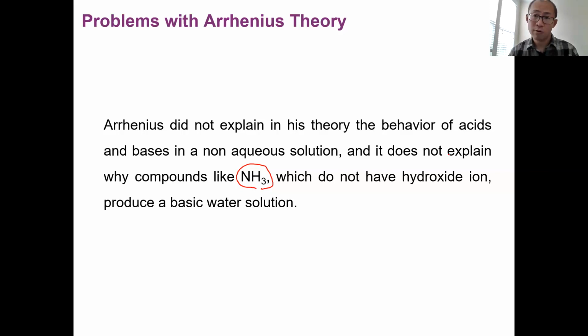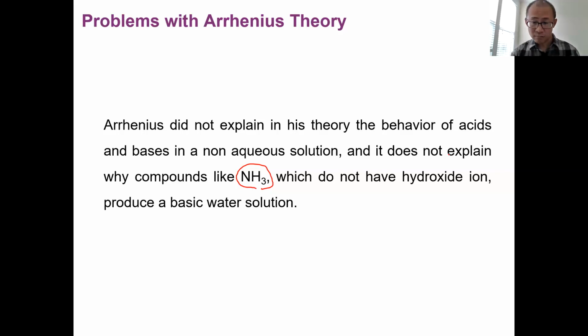So again, Arrhenius theory is very useful, but it has the problem of not being able to explain acids and bases when they're not dissolved in water, or some compounds in the gaseous state. They can still behave as acid or base. So these are the limitations of Arrhenius theory.